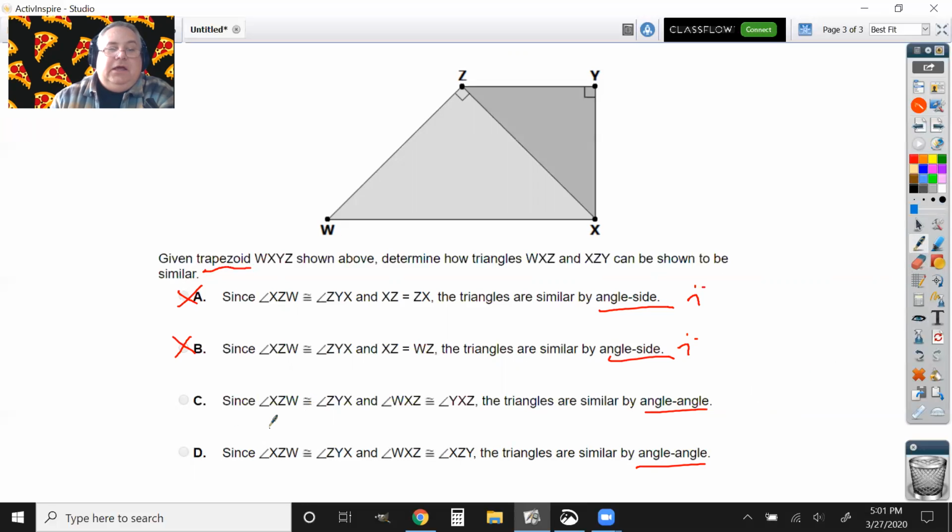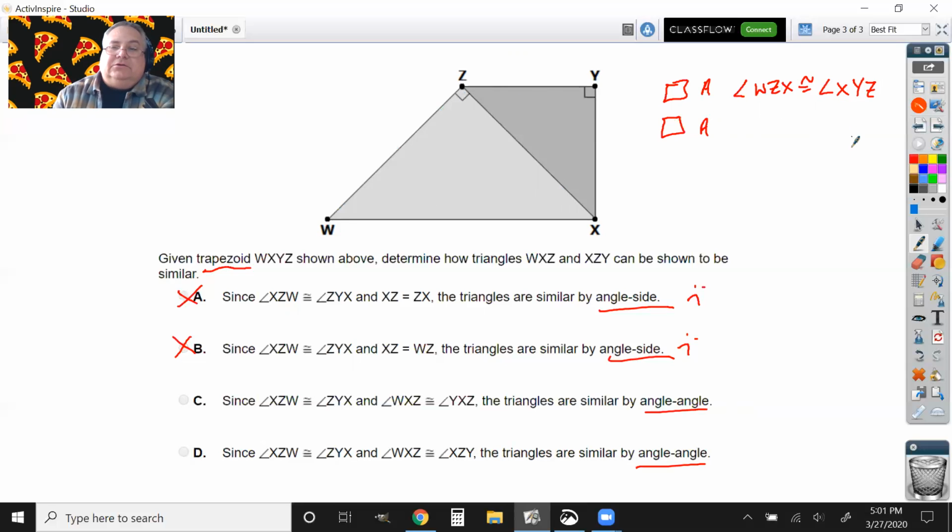So we need to figure out which set of angles they're talking about. Lucky for us, we have a right angle. So we're looking for angle WZX or XZW. So I'm going to put two check boxes here, one for an angle and one for an angle. I can say that angle WZX is congruent to angle XYZ, because we have all right angles congruent.